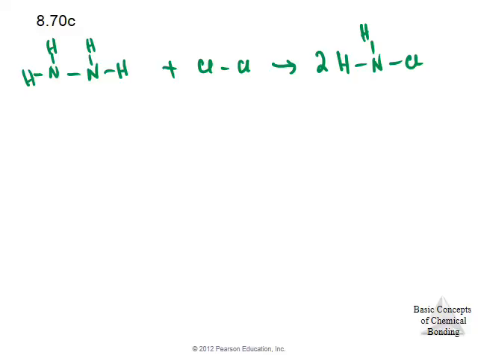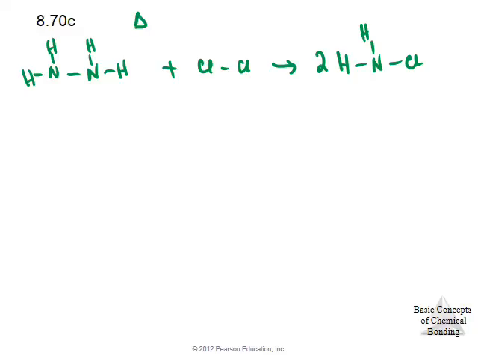Let me double check whether I copied everything right. NH2, NH2, and then ClCl gives 2 NH2Cl. Okay, now again it's the same kind of question.